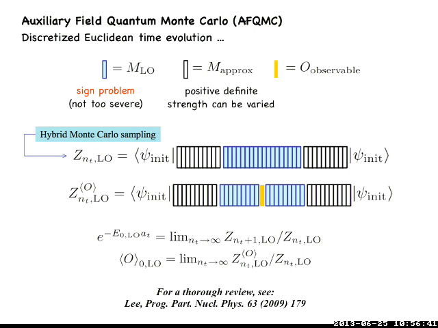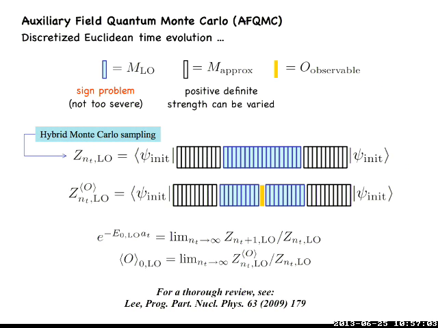All right, and this is calculated with hybrid Monte Carlo sampling, right? We do updates of the lattice, not random updates, but deterministic updates, which conserve the action, right?